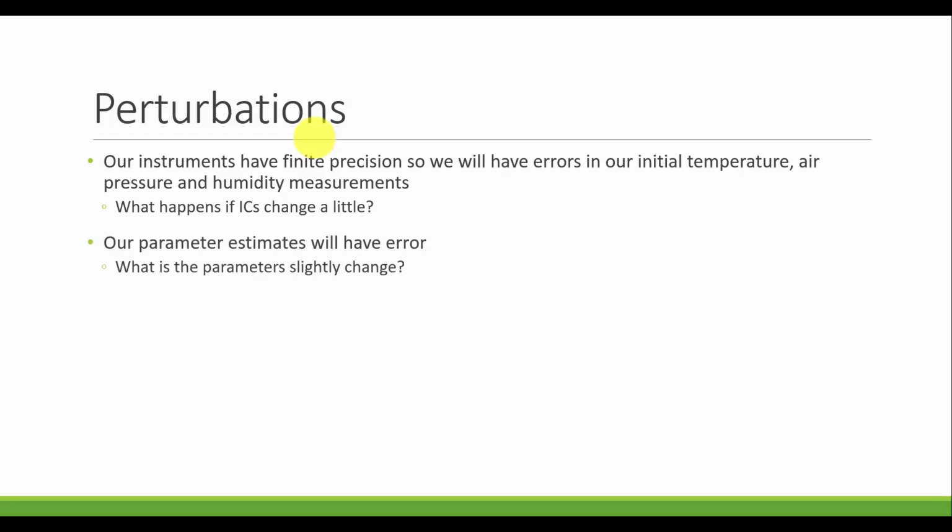But also, the model itself could have some errors in it in terms of the parameters, that beta, that sigma, that rho that we're using. What if experimentally we're just a little bit off in what those numbers are? So even if they change a little bit, how is a change in the parameters of the model going to impact the behavior and our forecast of our state variables?